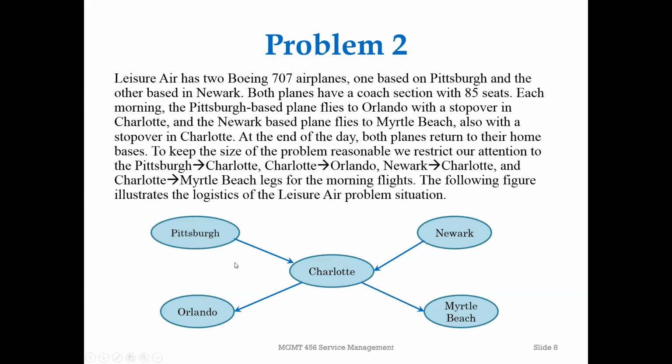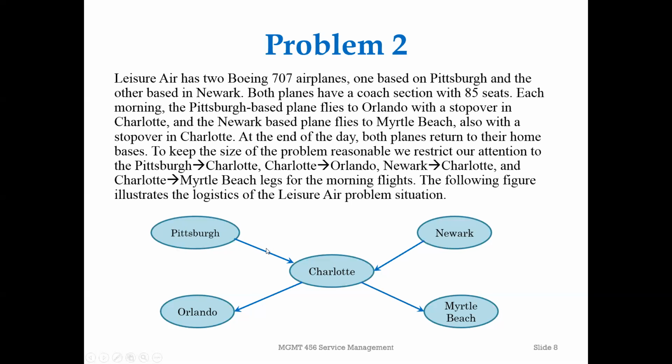So now the question is, because the seats on each flight are limited, and the same seat can be used to serve different customers, how do you allocate seats to make the most money? For example, a seat on the flight from Pittsburgh to Charlotte can be used to serve passengers who want to go direct from Pittsburgh to Charlotte.